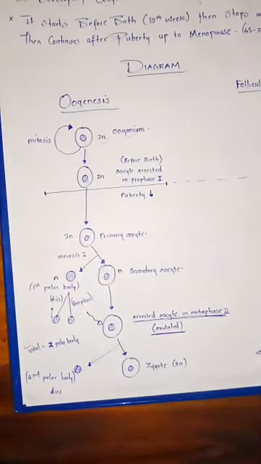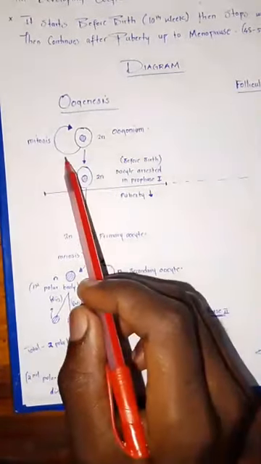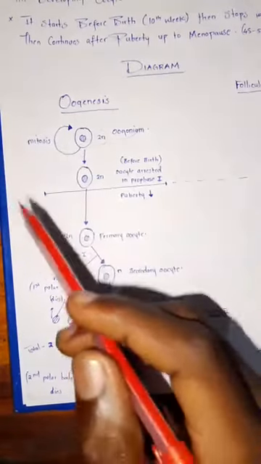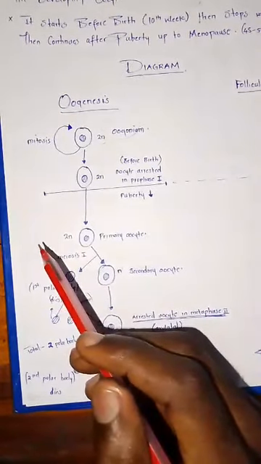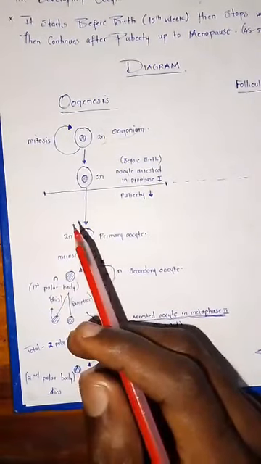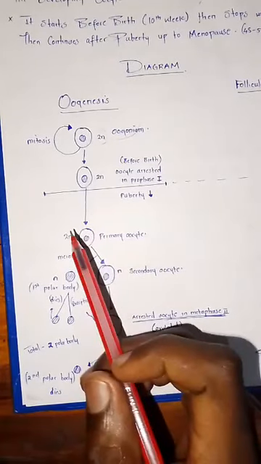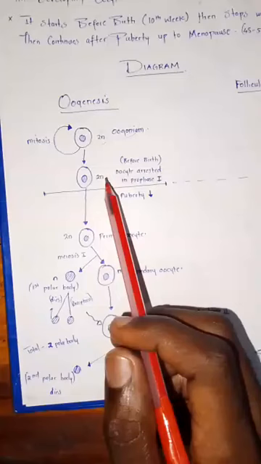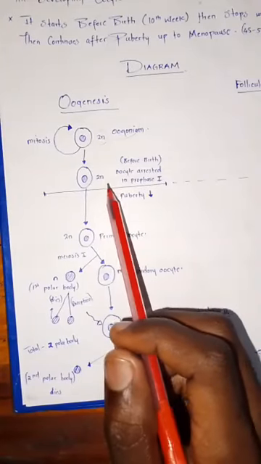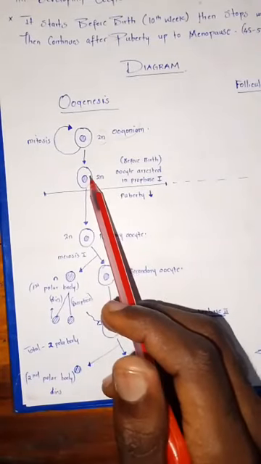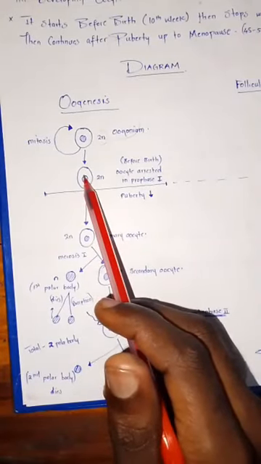So under oogenesis, this cell will now enter the meiotic division. Under the influence of certain hormones, this primary oocyte will now undergo division, as we have talked about.